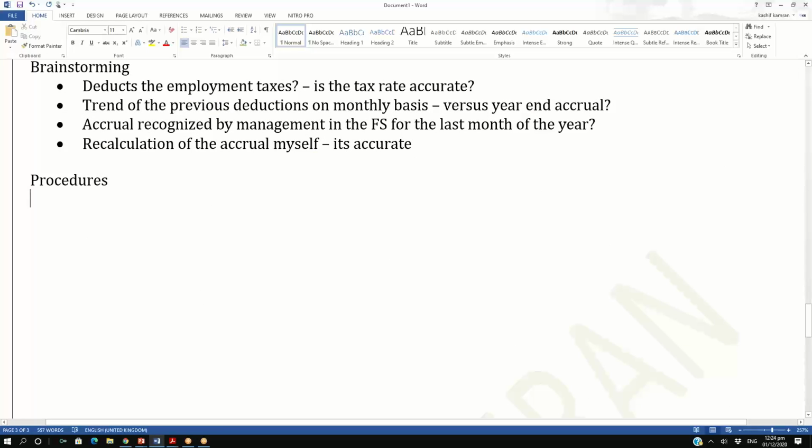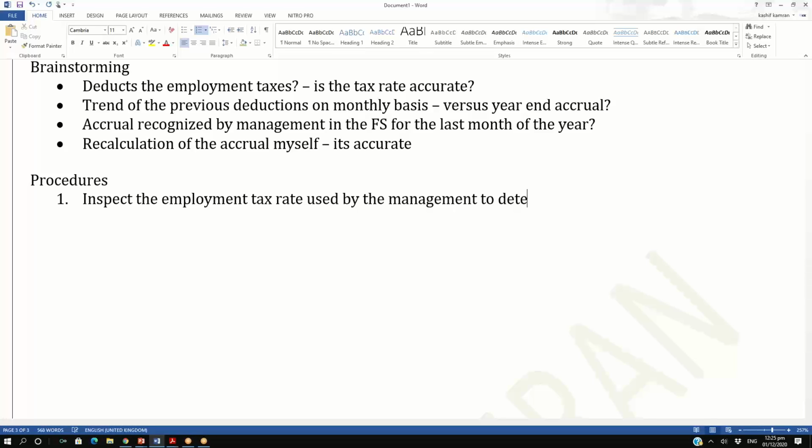So my first procedure would be, number one, inspect the employment tax rate used by the management to determine accrual to ensure that the tax rate is updated and as per legislation.